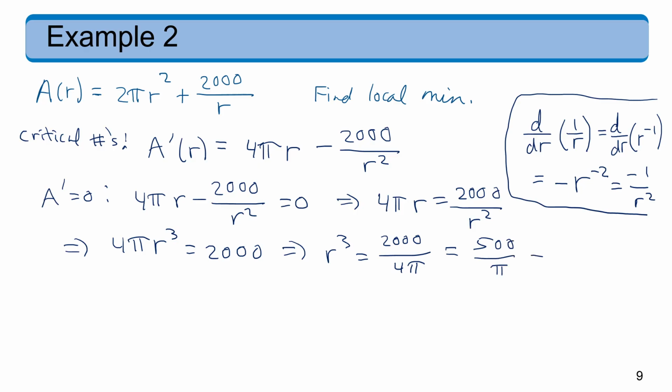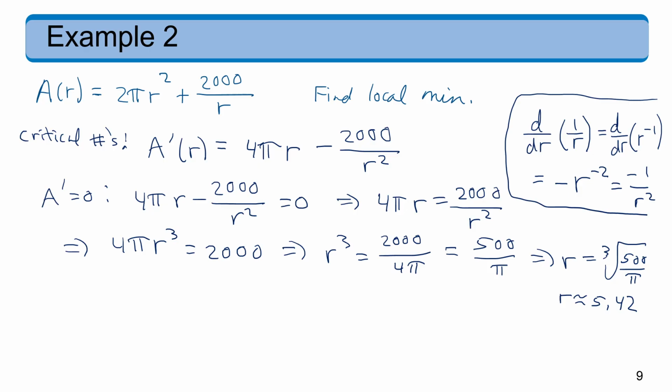And then take the cube root, we get r is the cube root of 500 over pi. And if you wanted to get an idea of how big that is, put it in a calculator and it comes to about 5.42 rounded off.